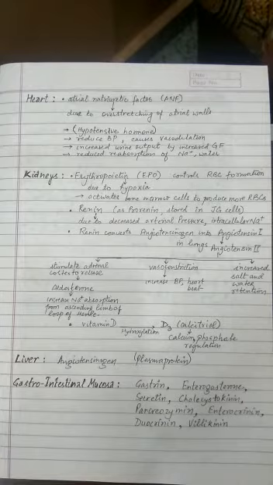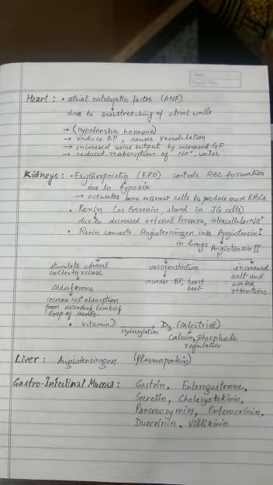Finally, once the aldosterone comes out, it increases the sodium ion absorption from the ascending limb of the loop of Henle of nephrons. As the sodium concentration starts increasing, it will cause more and more water also to be reabsorbed. Thus, the urine output is going to decrease.